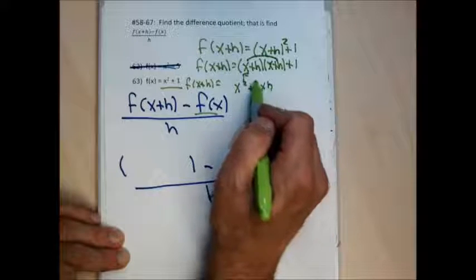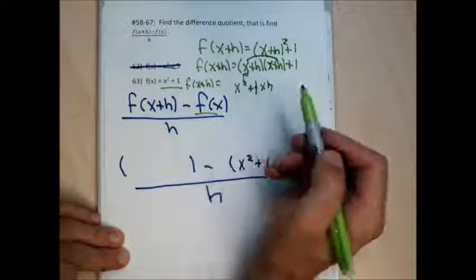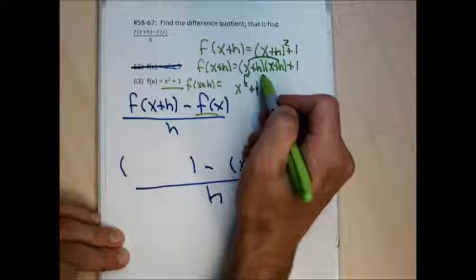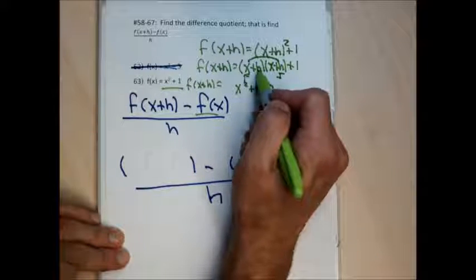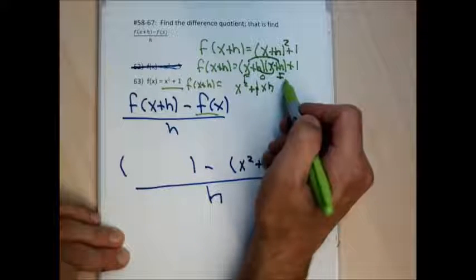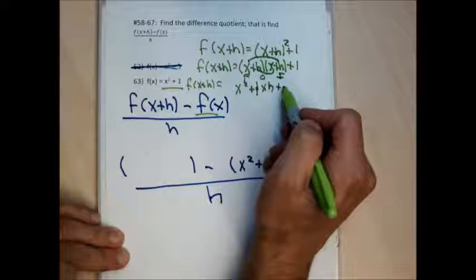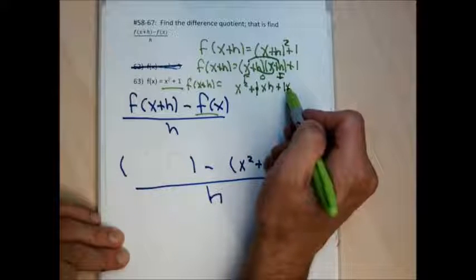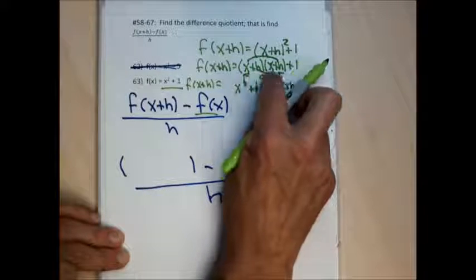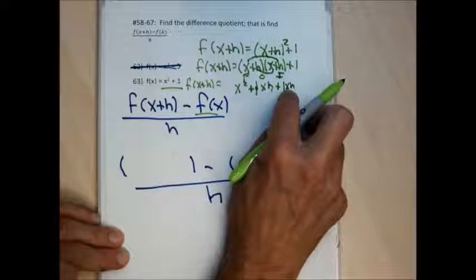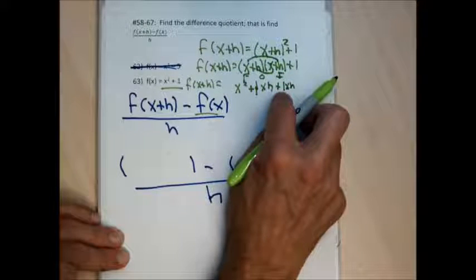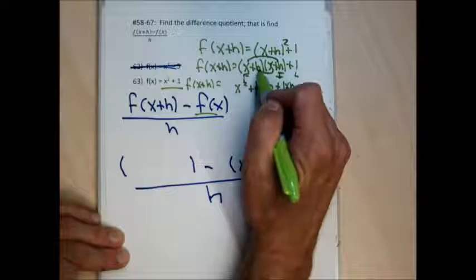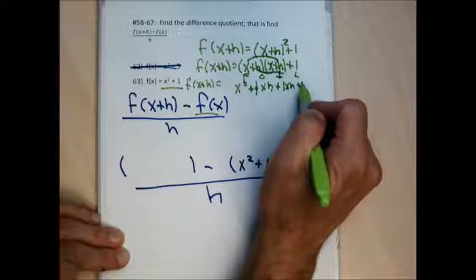There's an implied 1 in front of that, which would be nice to write. Inners are h times x, and instead of writing h times x, I'm going to write x times h because multiplication is commutative. And for the inners, this h times x, which is the same as x times h, I'm going to put another 1 in front of it. And the last are going to be h times h, and that's plus an h squared.